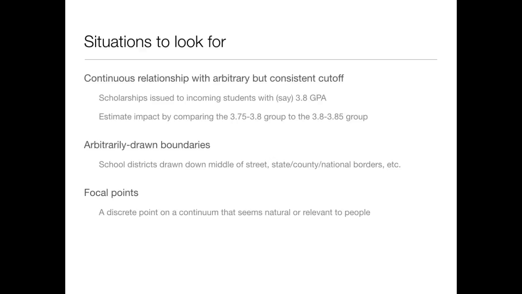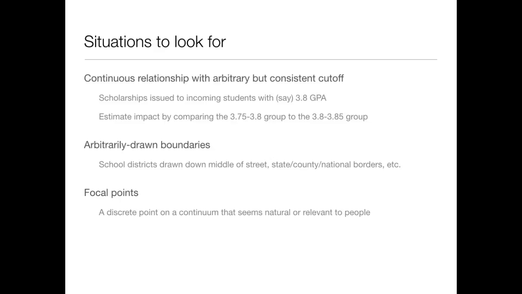So one research design you might consider, if you're trying to estimate the impact of receiving a scholarship, is to compare outcomes, GPA in college, career outcomes, whatever you're interested in down the line, between the 3.75 to 3.8 group and the 3.8 to 3.85 group. And what makes that possible is that consistent cutoff in the application of the scholarship. Another possibility, which we discussed toward the end of the previous lecture, is boundaries that are drawn arbitrarily.